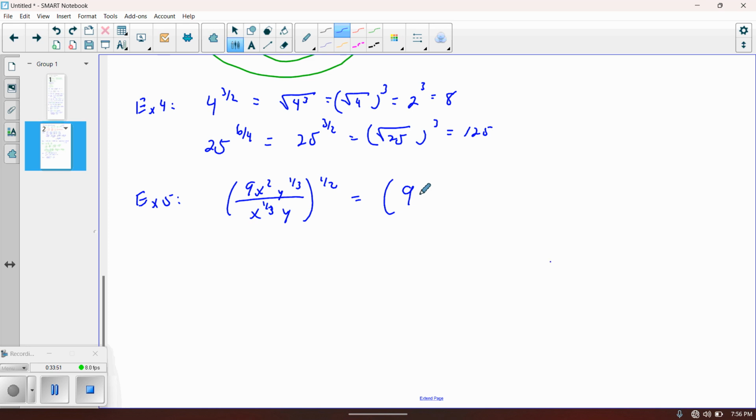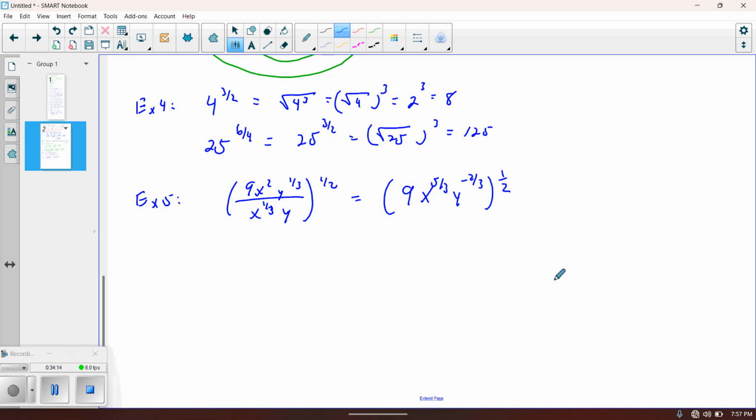So that'll become x to the 5/3 power. And then the y to the 1/3 divided by y, which is y to the first. So 1/3 minus 1 is going to be negative 2/3. And all of that still has to get raised to the 1/2 power.